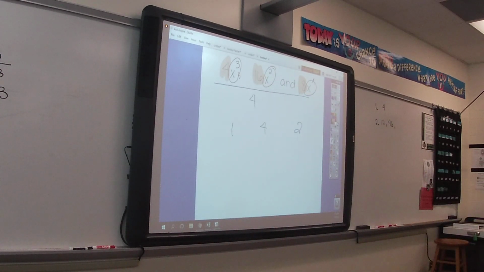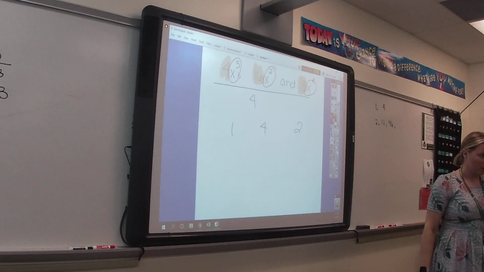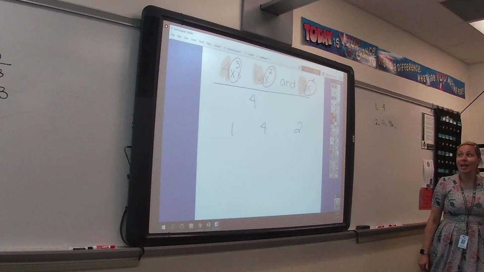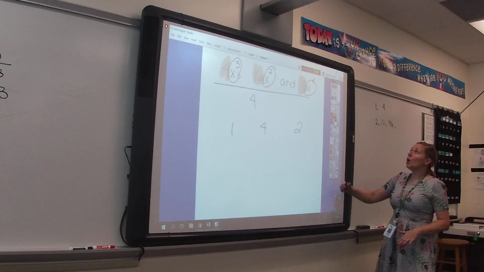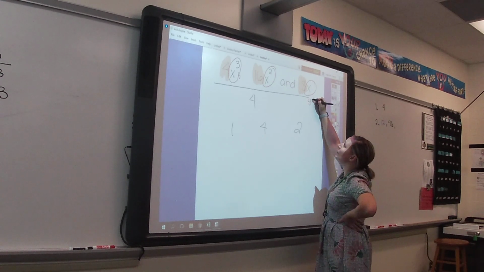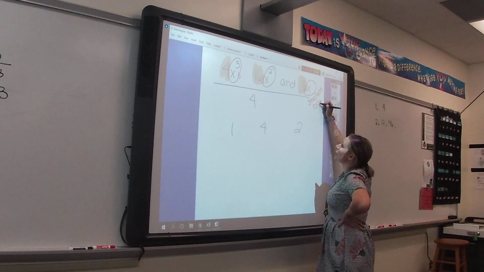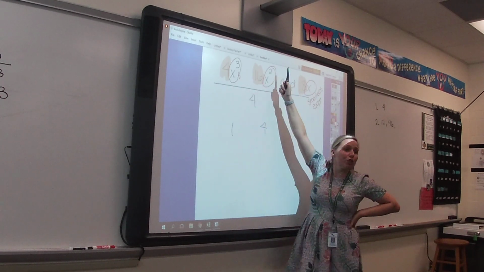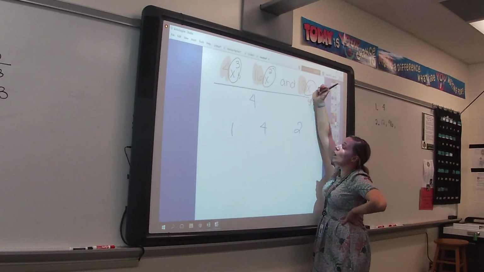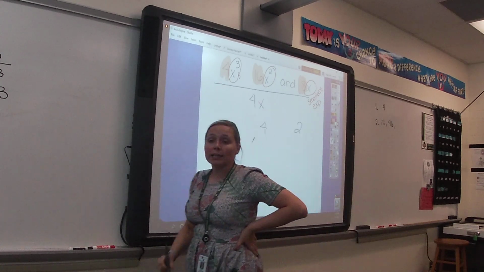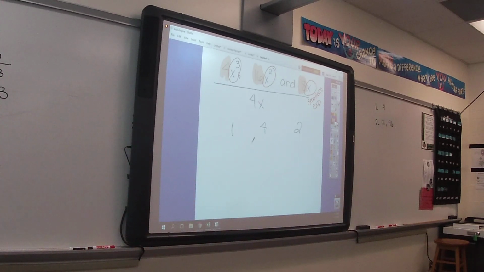So do all of them have an x? Yeah. If they do not all have the x, you cannot pull out the x as part of the GCF. So they all have the x. You are going to use the smallest exponent. So we have a 3, we have a 2, and we have a 1. Since 1 is the smallest, x is what we are going to be pulling out.